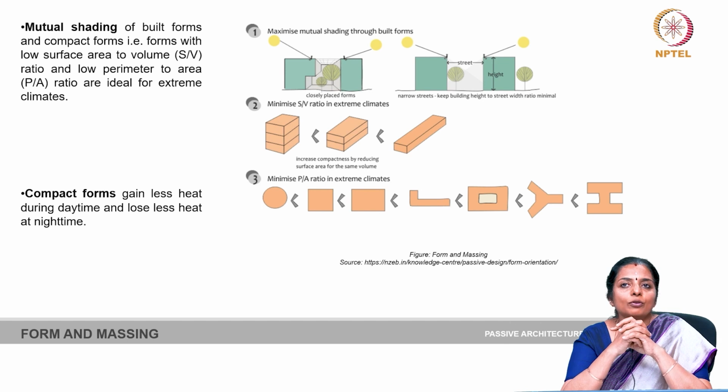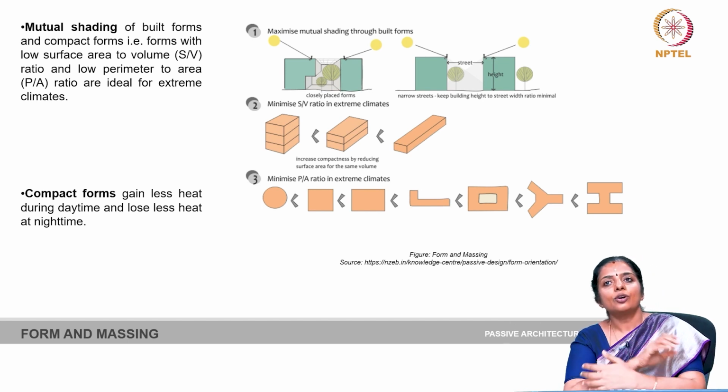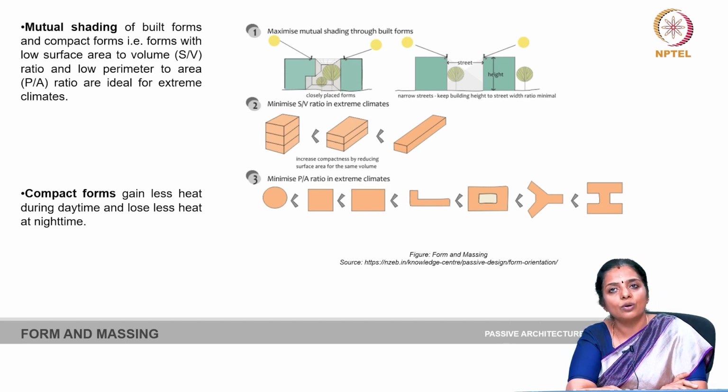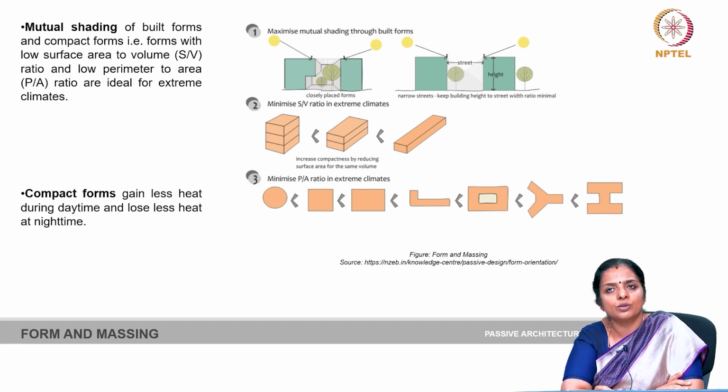The massing of a building can be designed to provide shading to windows during the hottest parts of the day. This helps prevent excessive solar heat gain, reducing the need for air conditioning and improving overall thermal comfort.